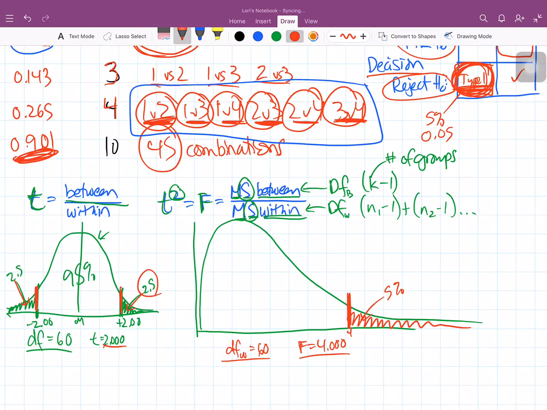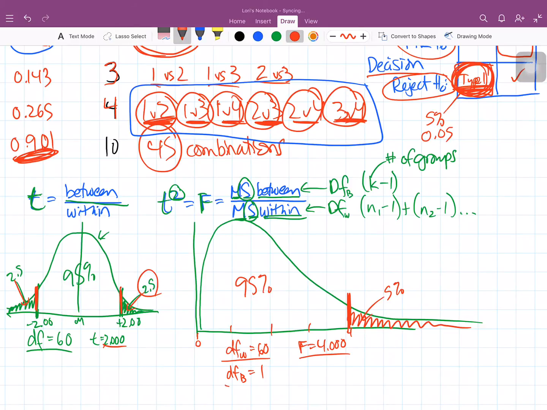Then that's going to be the equivalent, and 95% is here under the curve in the area less than 4. So here's 0, here's 4. We have 1, 2, 3, 4. And this is if we have a degrees of freedom between is equal to 1.